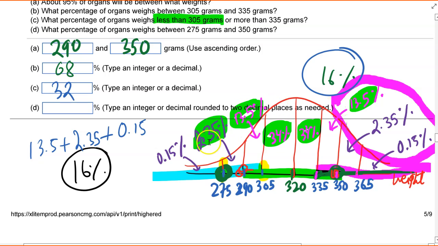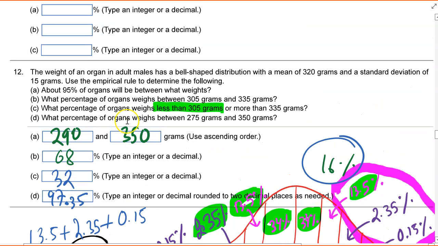Therefore, you're adding 2.35, 13.5, 34, 34 and 13.5, you get 97.35. These five numbers add up to 97.35. That's the answer for part D.